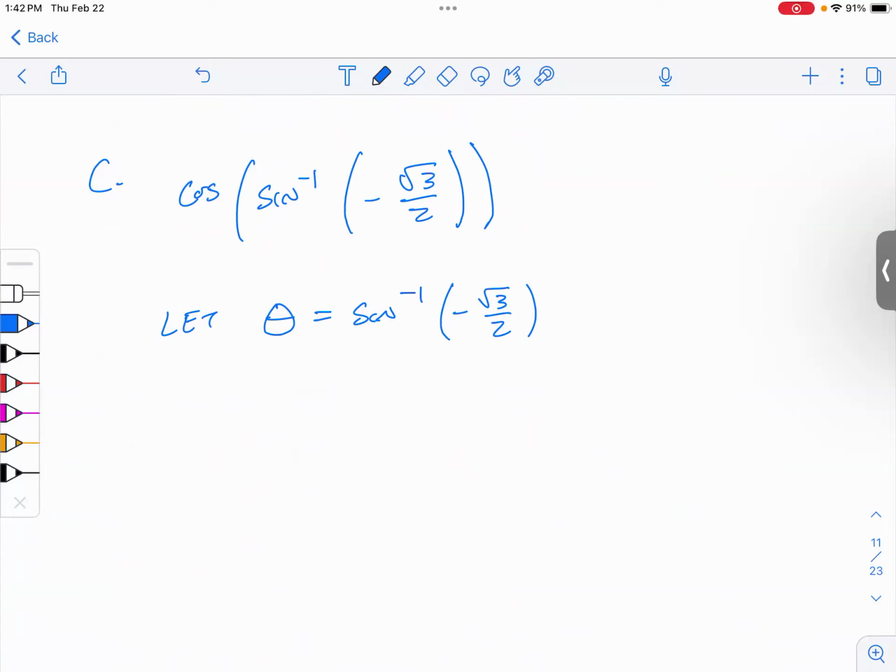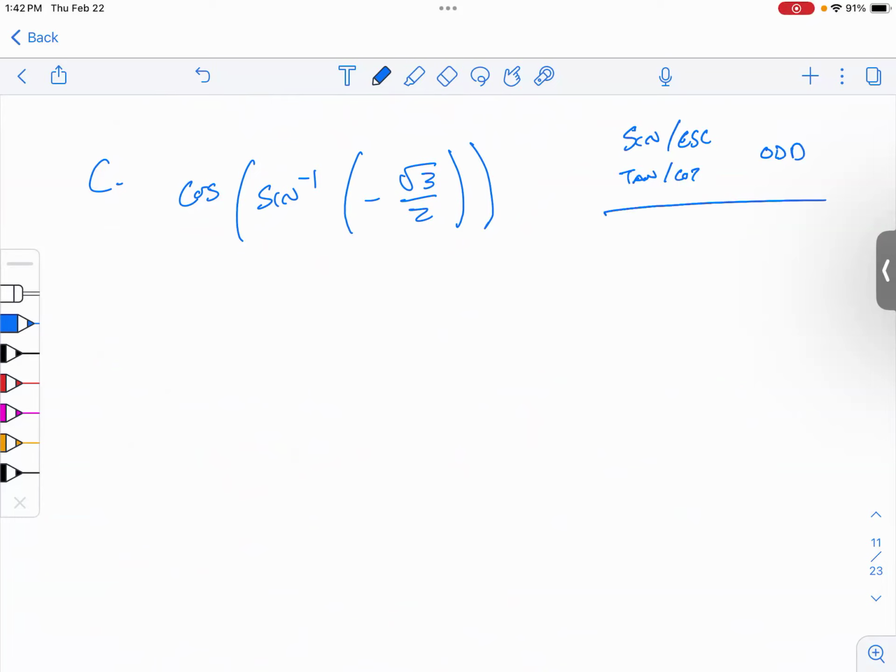So actually, let's back up a step. We said, all right, sine, cosecant, tan, cotangent are all odd. Similarly, all their inverses are odd.